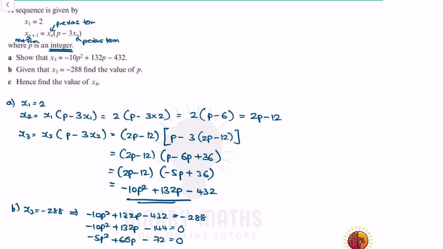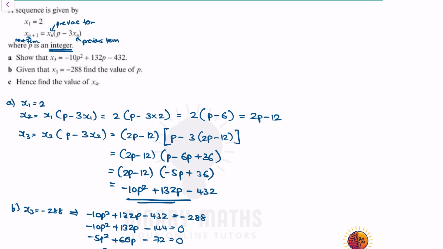I don't like negative p squared, so let's multiply by minus 1. So I end up getting 5p squared minus 66p plus 72 equals 0. If we factorize this, I've got 5p and p here, minus 6 and minus 12 as well, because I want positive 72.